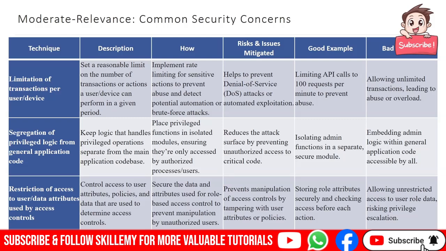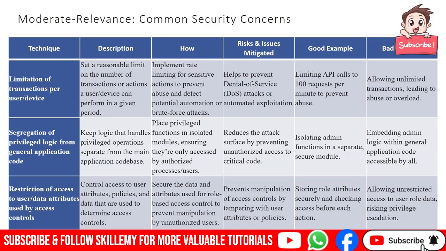This separation reduces the chance that attackers or unauthorized users will gain access to privileged functions by compromising general application code. For instance, an admin function to delete users should not be mixed with regular user operations like updating profiles. Keeping these distinct minimizes risk and limits access to only the most authorized individuals.